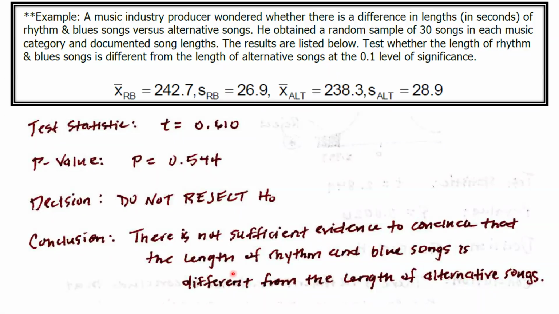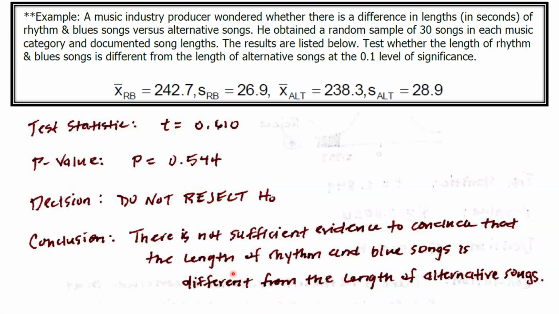Let's understand this example a little more. What did we test? We're asking ourselves, do R&B, rhythm and blues, and alternative songs differ in lengths? We found that R&B songs average 242 seconds, and alternative songs averaged 238.3 seconds.